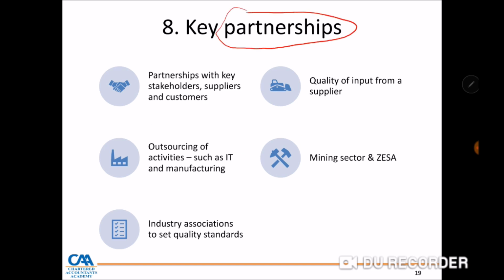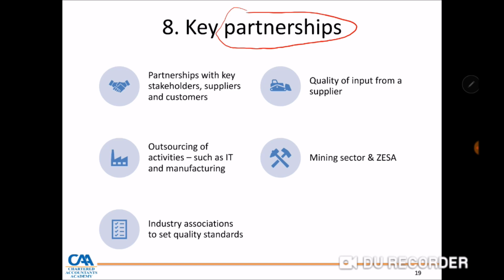Businesses do not operate in a silo. Businesses rely on their partners and stakeholders. So when I look at CA as an example, what key partnerships do we have? We've got key partnerships with ICAS in offering our CTA program, because together we are then able to deliver on the CTA program.